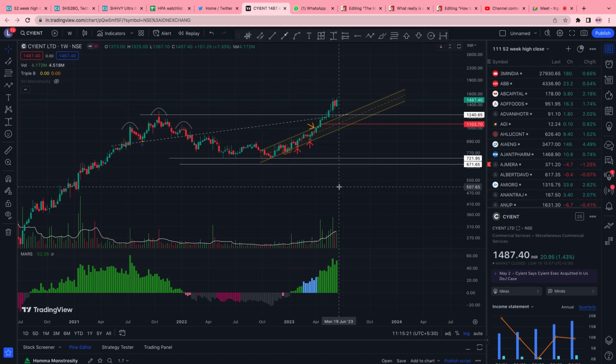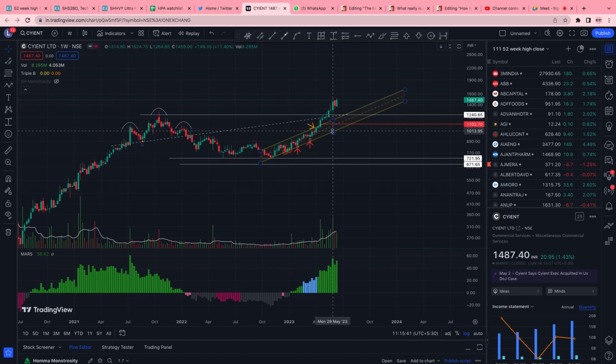And the second thing is, the idea of a leader is that whenever the index is falling, it will fall less, and whenever it is breaking out, it will break out faster or earlier than the index. Okay. So those are the two things by which you can understand.